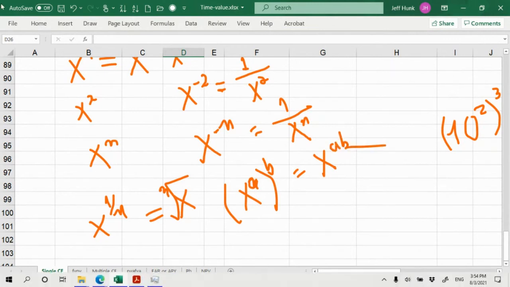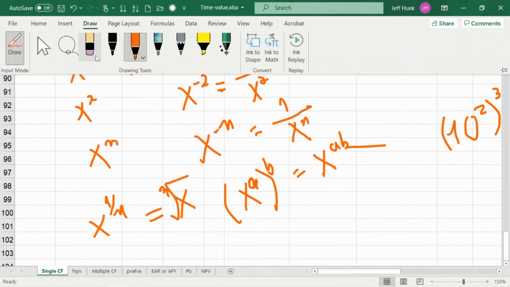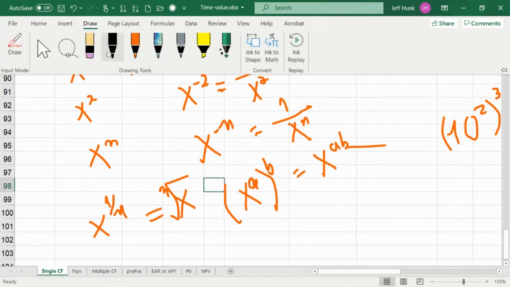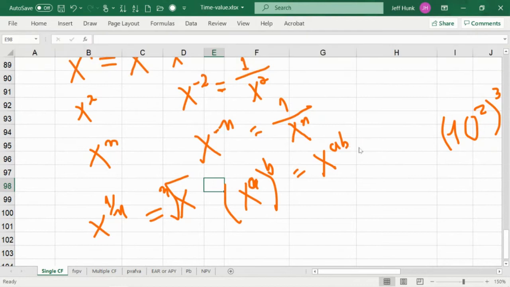We did all this yesterday, so it shouldn't be that difficult by now.